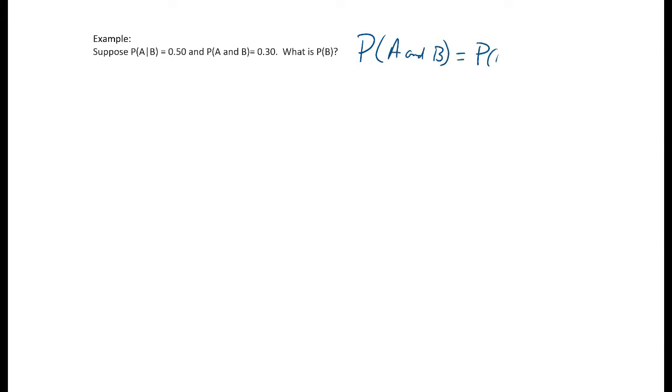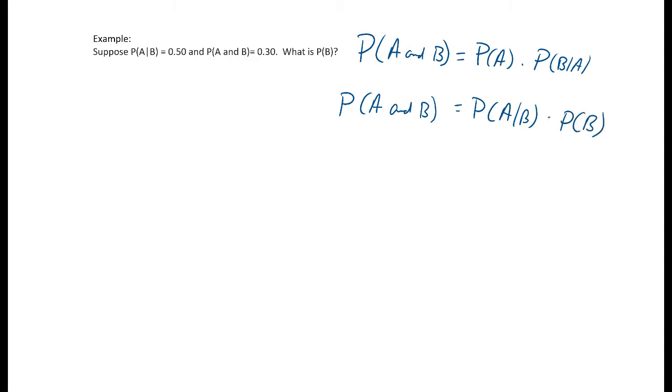The probability of A and B equals the probability of A times the probability of B given A, and the probability of A and B also equals the probability of A given B times the probability of B. Once again, eyeballing information, since we have A given B, that means we need to use the formula that involves A given B, which is this second one that I wrote down here.